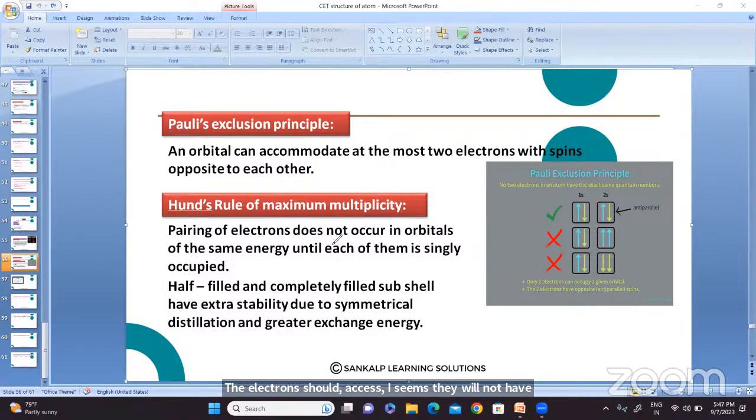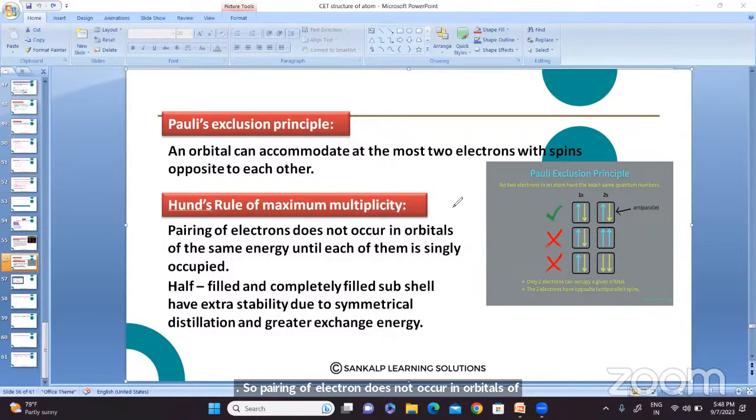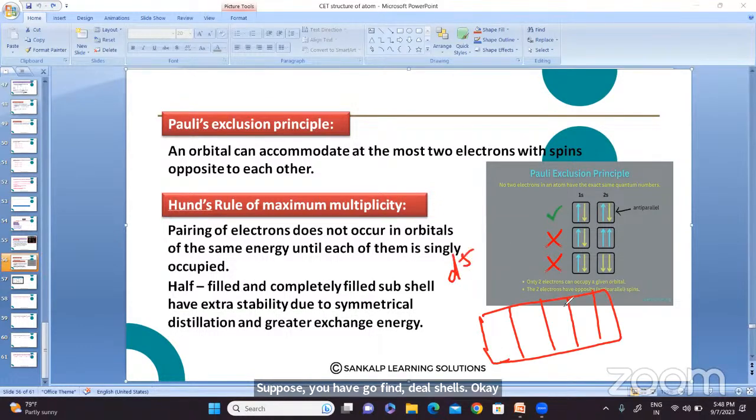Next is Hund's rule of maximum multiplicity. Pairing of electrons does not occur in orbitals of the same energy until each of them is singly occupied. Suppose you have a d orbital. If there is d5, 5 electrons are present.